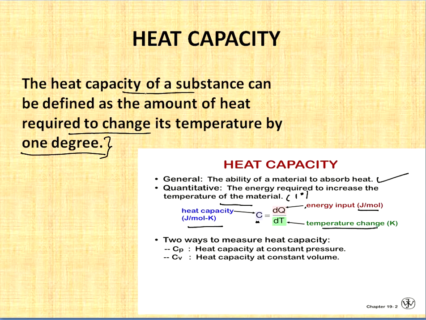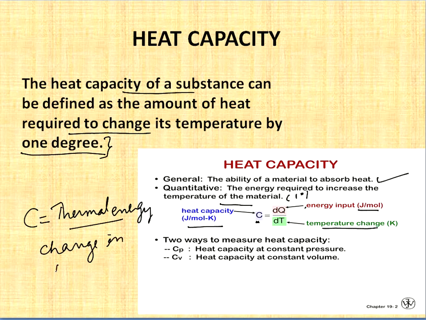If there is 1 gram of substance, that will be the specific heat. You can write C is equal to thermal energy upon change in temperature. Clear? This is heat capacity.